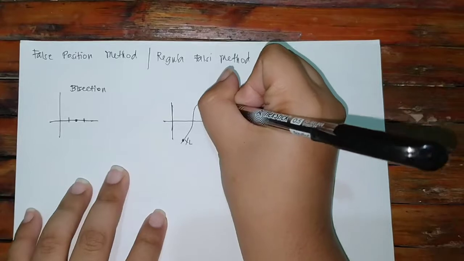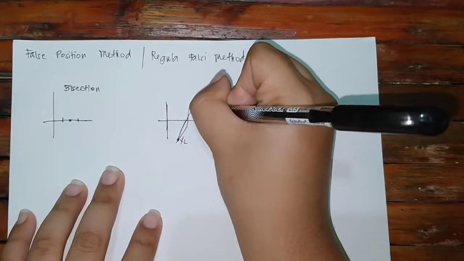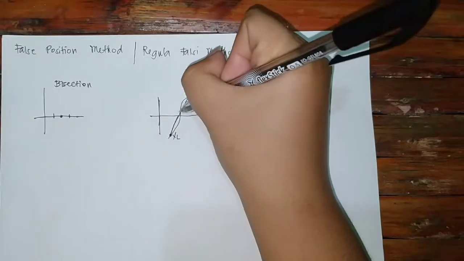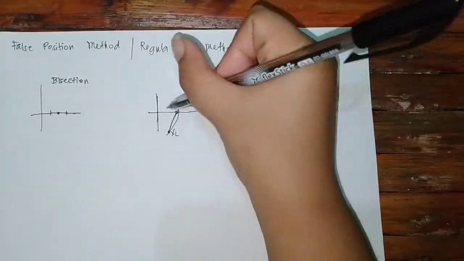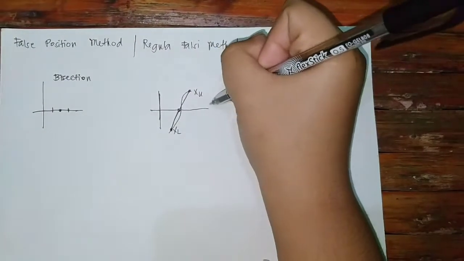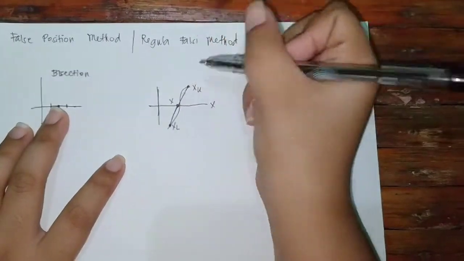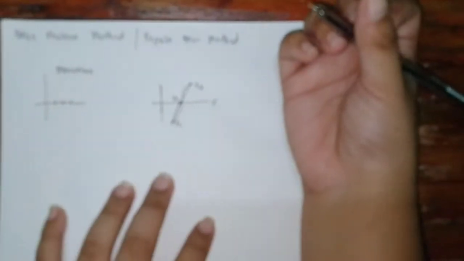So we're going to make a straight line out of this curve, and that straight line meets the zero line or the x-axis here. That point on the x-axis will be our new x, which we're going to call x of r.